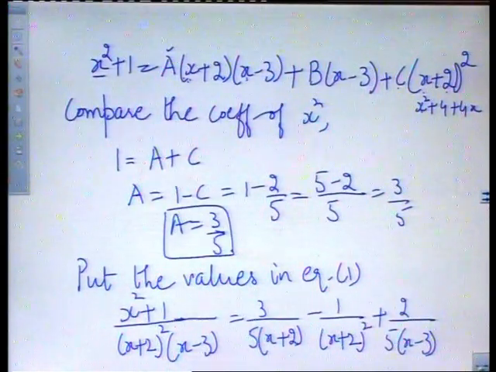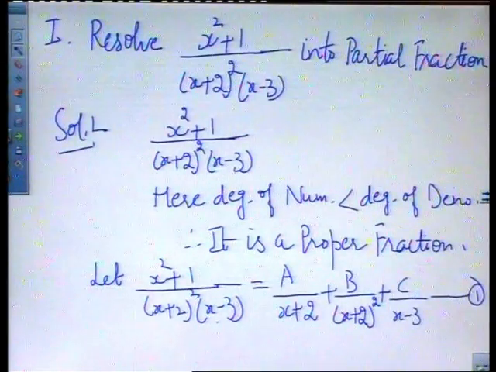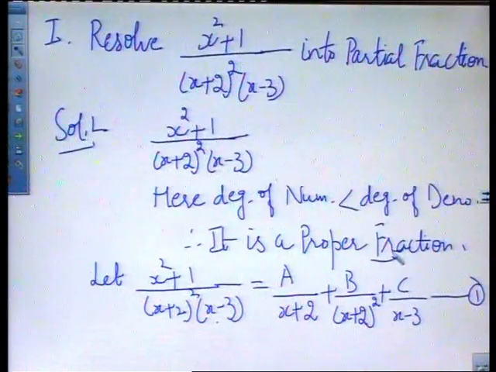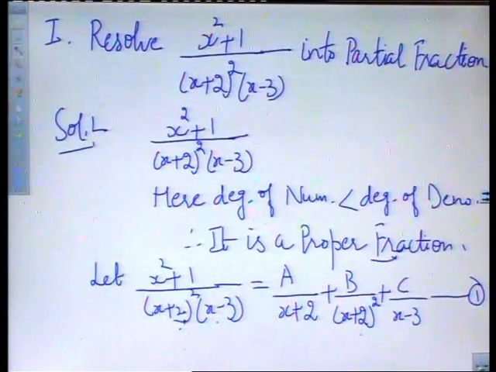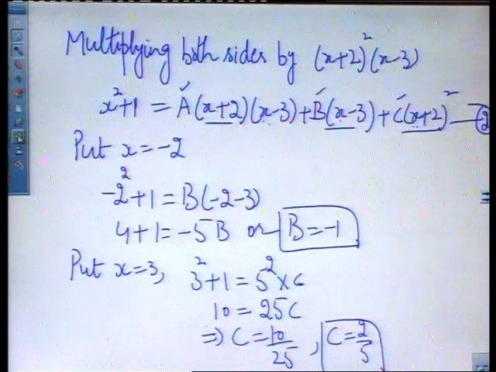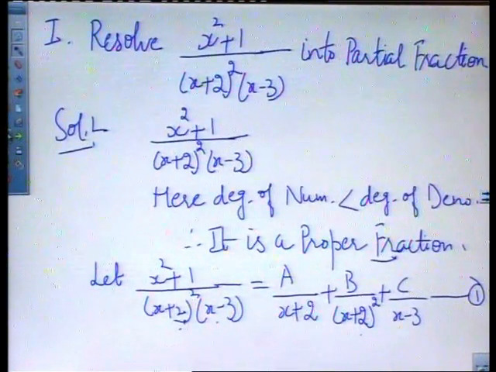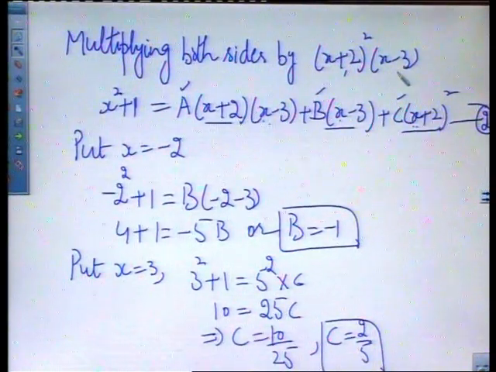Quickly we repeat what we have done. This was our partial fraction. Firstly, we found that it is a proper fraction. Then we split it into factors x plus 2 and x plus 2 whole square, and the third factor as such, c over x minus 3. In the next step, we multiplied by x plus 2 whole square, x minus 3.